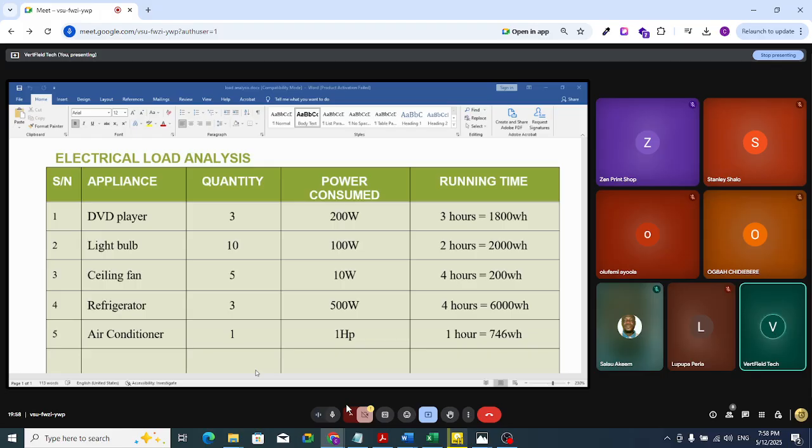Yes, that is very correct. So that is where we are going into right now. How to design the inverter, battery, solar panel, solar charge controllers, and safety as it concerns solar power systems, taking into consideration standard parameters.